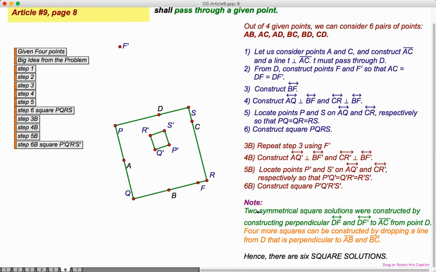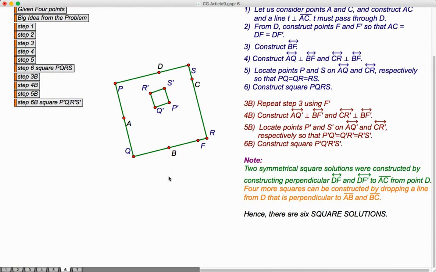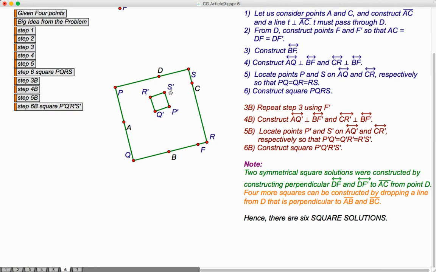Now, what we did was to construct a line from point D that's perpendicular to AC, and there were two solutions. This time, if I construct from point D that's perpendicular to AB, and then to BC, then I will have two sets of two squares.